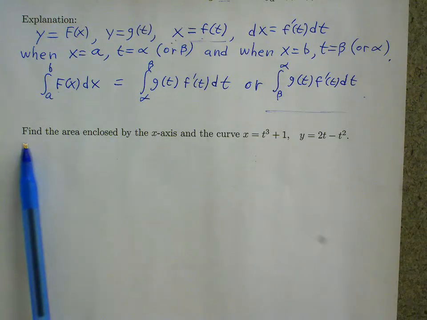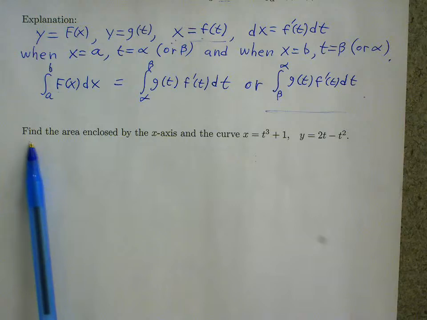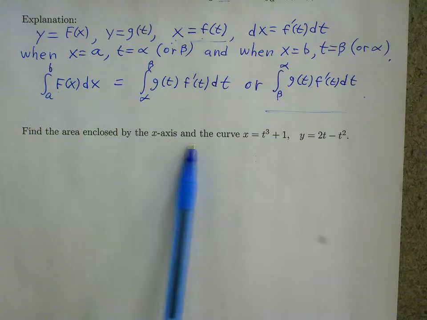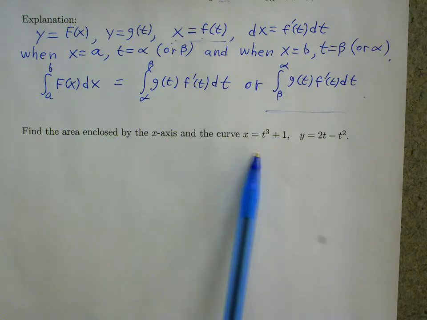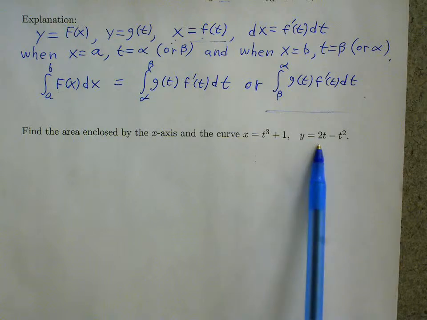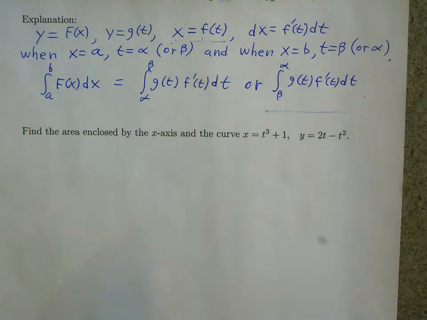A hint is in the statement itself: find the area enclosed by the x-axis and the curve x equals t to the third plus 1 and y equals 2t minus t to the second.